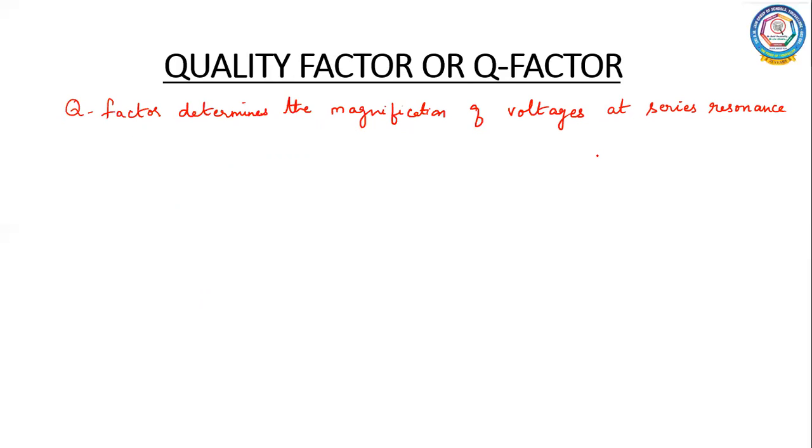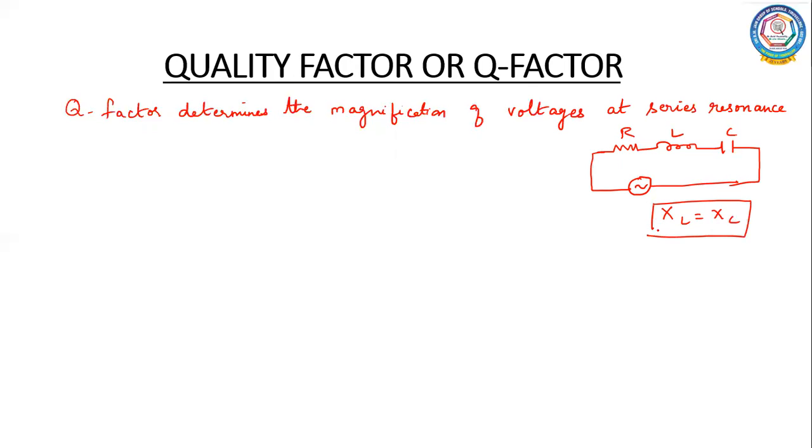So once again we consider this RLC circuit, again a resistor, an inductor and a capacitor. Now all these three are connected to an alternating source. You apply a voltage, and you have the condition XL becoming equal to XC. In this condition resonance occurs. So in that case what will be the value of current? We said current value is maximum. So I maximum, that is current is maximum.